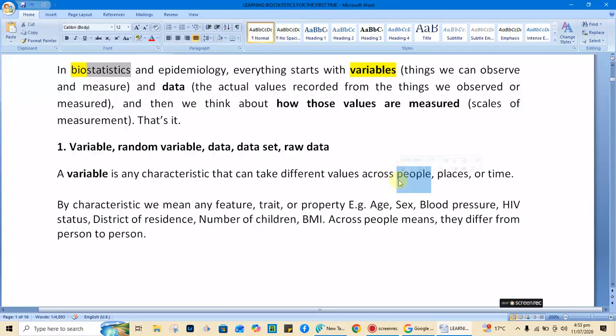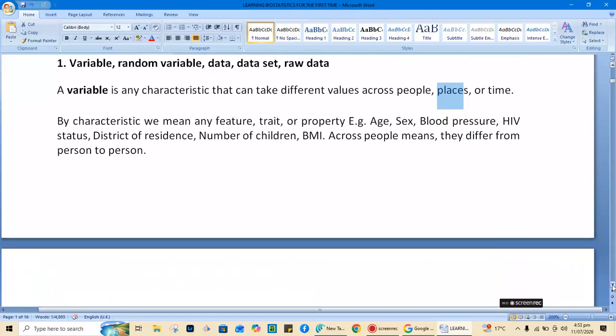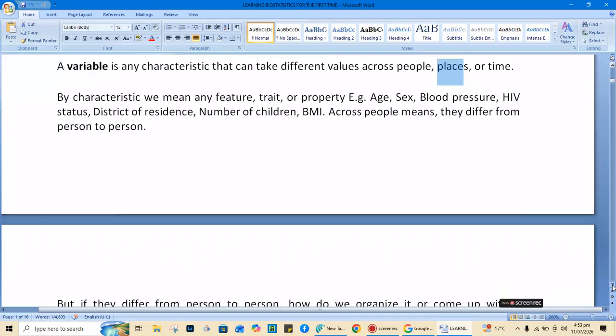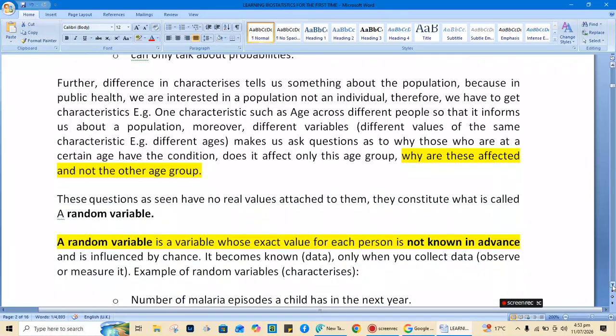Maybe you test different people of different sexes, people with the same variables such as blood pressure. You test people in different areas or places, so that you come to a conclusion that shows you a distribution of what you're trying to measure across the entire population and not individuals. That's why it's important to measure these characteristics of variables across different people and different places.